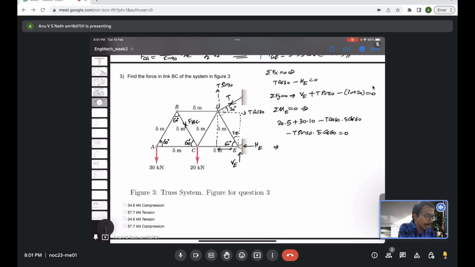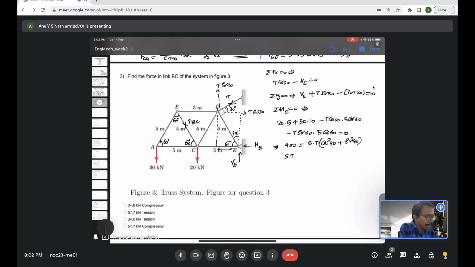20 into 5 is 100, 30 into 10 is 300, so 400 on the left hand side, and bring all the tension related terms to the right side. So it's 5 into T times cos square 30 plus sin 30 cos 60. So you can say cos 60 is actually sin 30 only, so it's sin square 30.